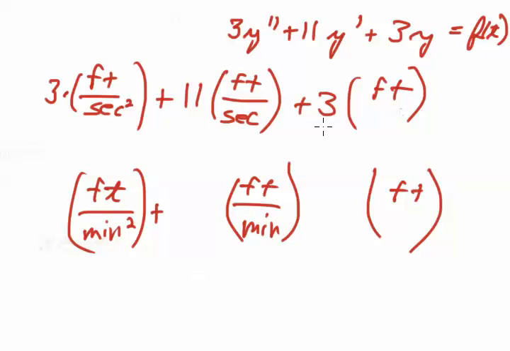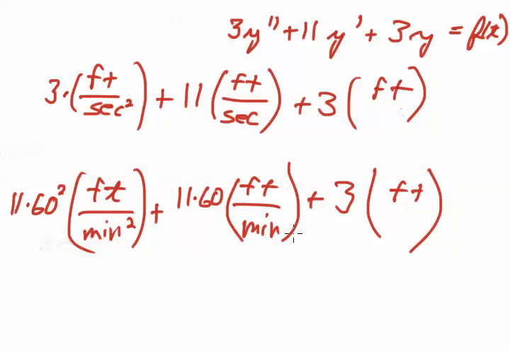So 3 feet is still 3 feet, but 11 feet per second is 60 times 11 feet per minute. And 3 feet per second squared is going to be 3 times 60 squared.